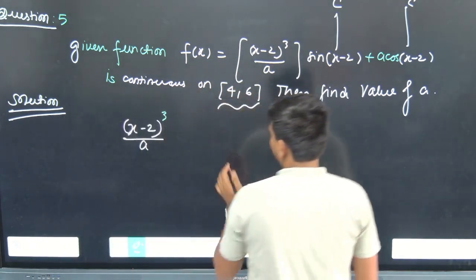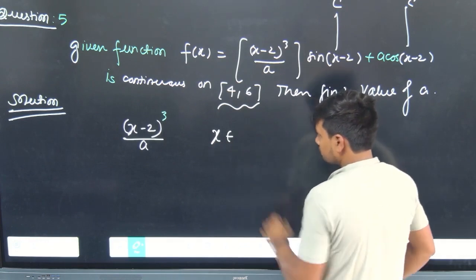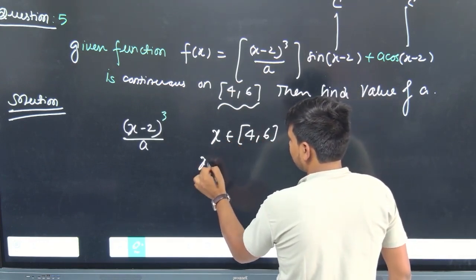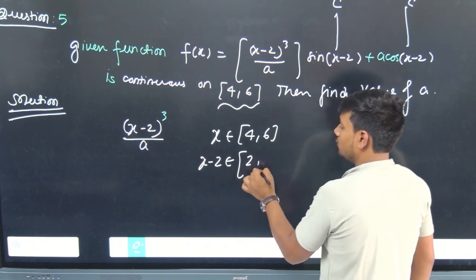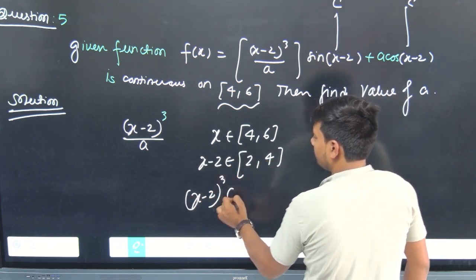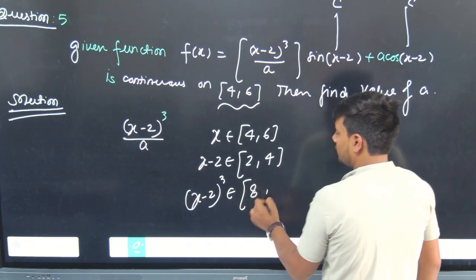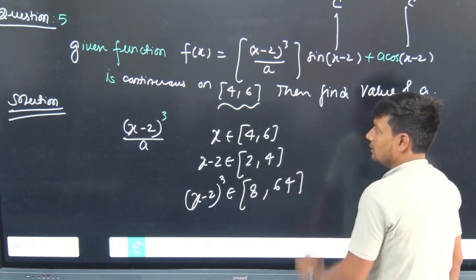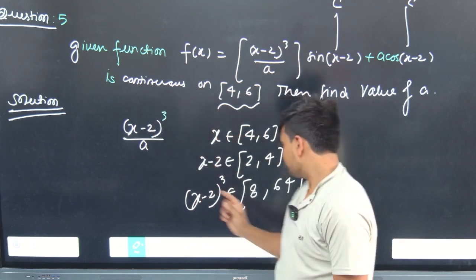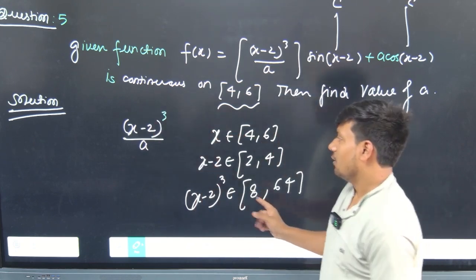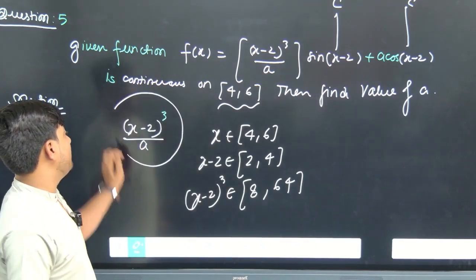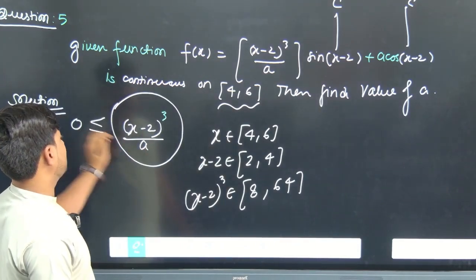Now x belongs to 4 to 6, so x minus 2 belongs to 2 to 4, and (x minus 2) cube belongs to 8 to 64. So now (x minus 2) cube is between 8 to 64. Now we want this expression to be between 0 to 1, right?